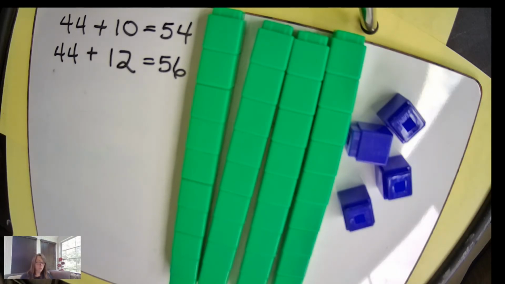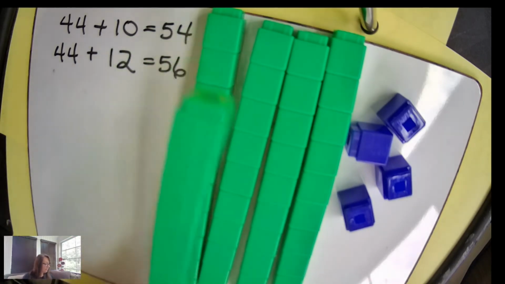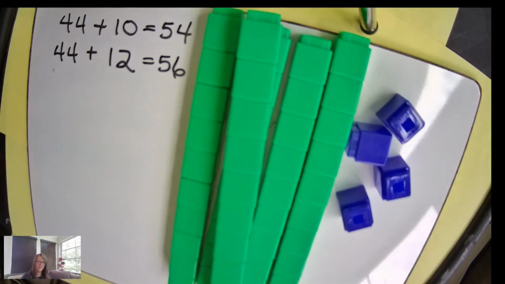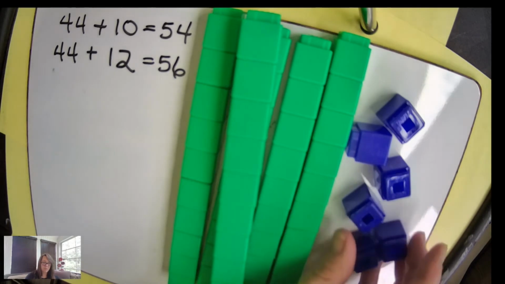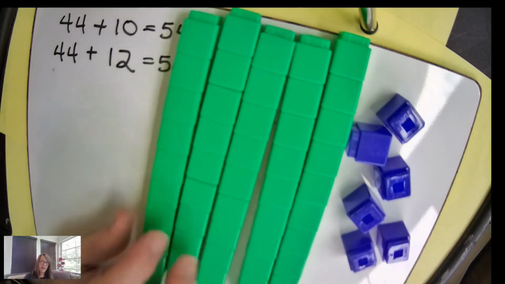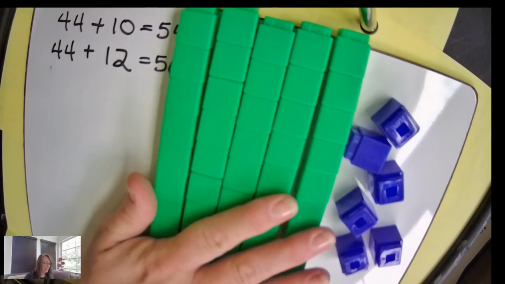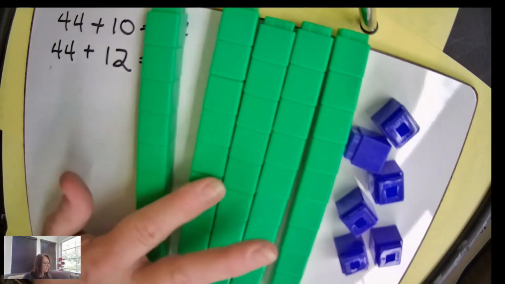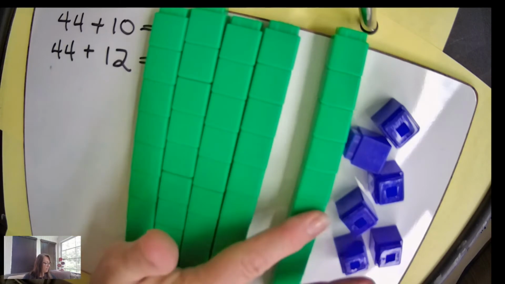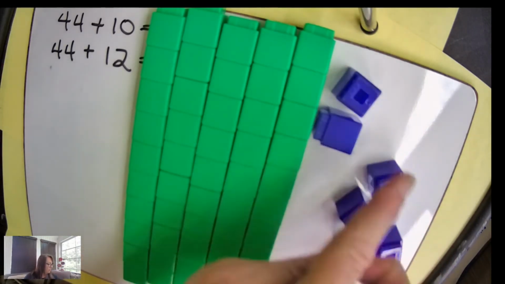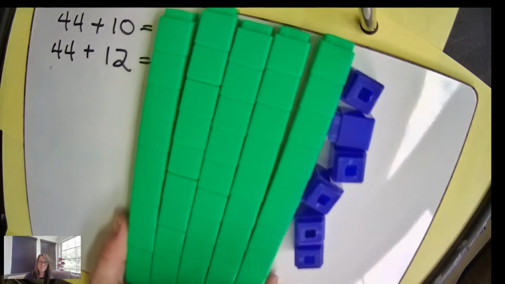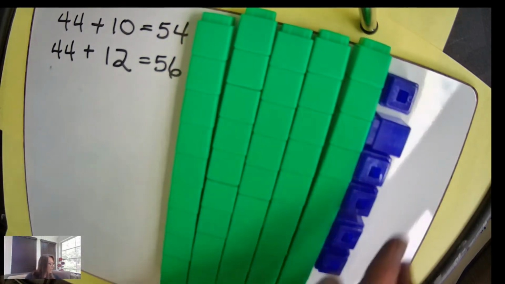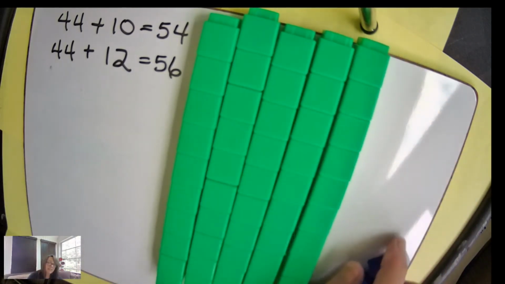And he thought about the 12 as 1 ten, I'm going to set it on the top, and 2 ones, 1 2. And all together, that equals 10, 20, 30, 40, 50, 51, 52, 53, 54, 55, 56. Very good. Did anybody think of it differently?